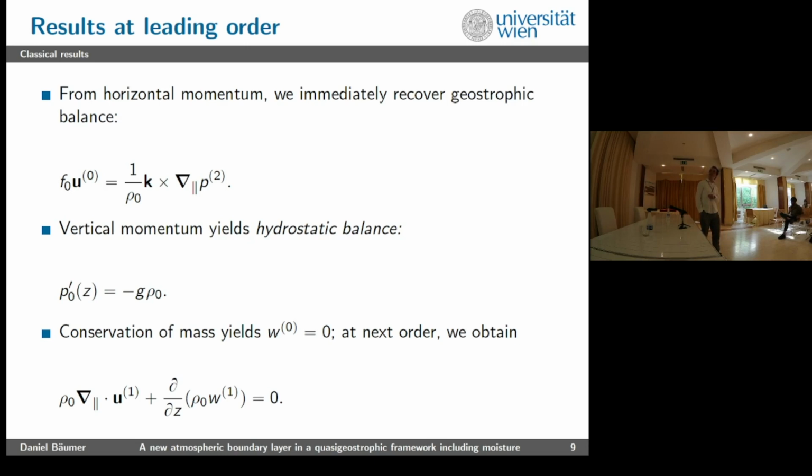So the leading order pressure is determined, its vertical derivative, by minus the product of the acceleration of gravity and the leading order density. Conservation of mass yields that, even though we already rescaled, the vertical velocity is even smaller. So it vanishes at leading order, and at next order we obtain this, which is known as an anelastic constraint.